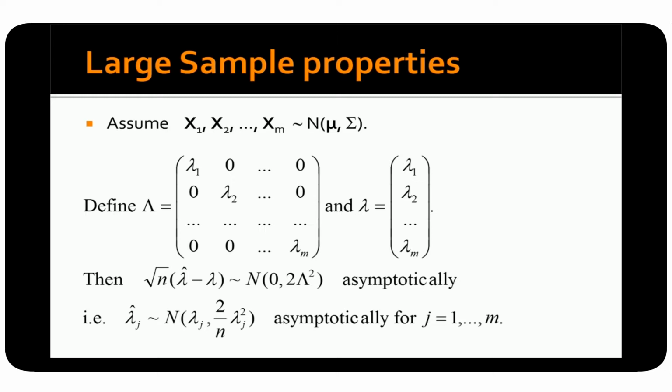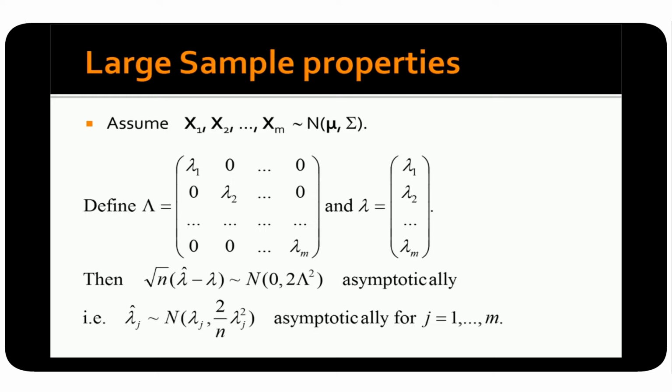So, let us assume x1 to xn are a sample from a normal population with sigma having distinct eigenvalues lambda 1 greater than lambda 2 greater than lambda m, and of course, all of them are positive. Then let us define capital lambda as a diagonal matrix which has the lambda j's on its diagonal, diag lambda 1 to lambda m.